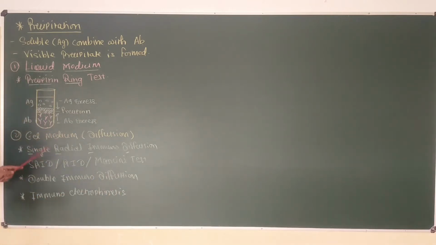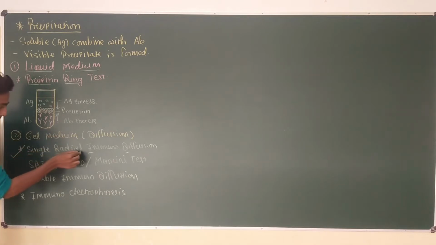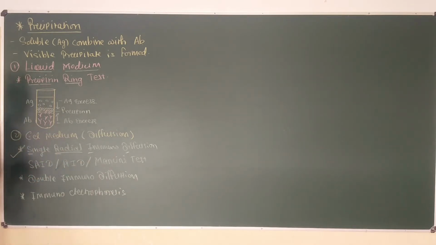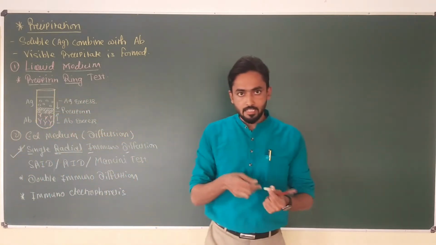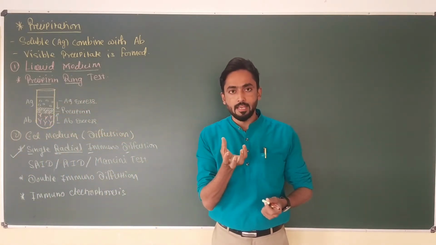So in this video, I am going to mainly talk about the first type of gel medium precipitation, that is single radial immunodiffusion. The name itself suggests it is a radial diffusion process. What is meant by radial? It is a process of diffusion in which either antigen or antibody diffuses radially in the gel.